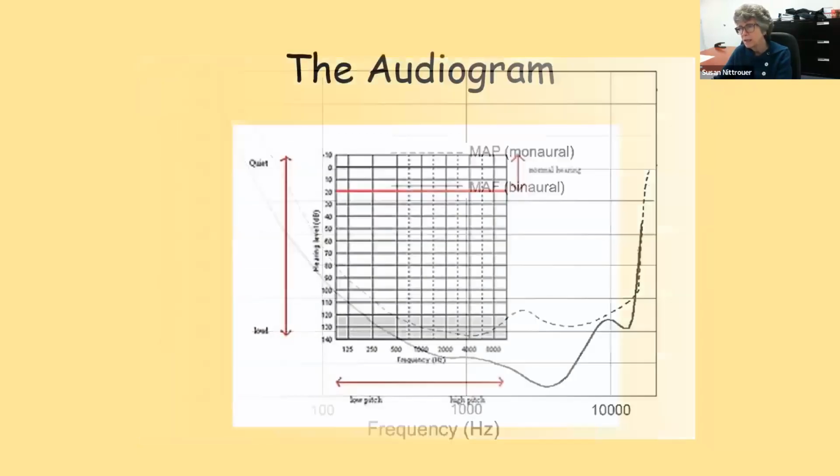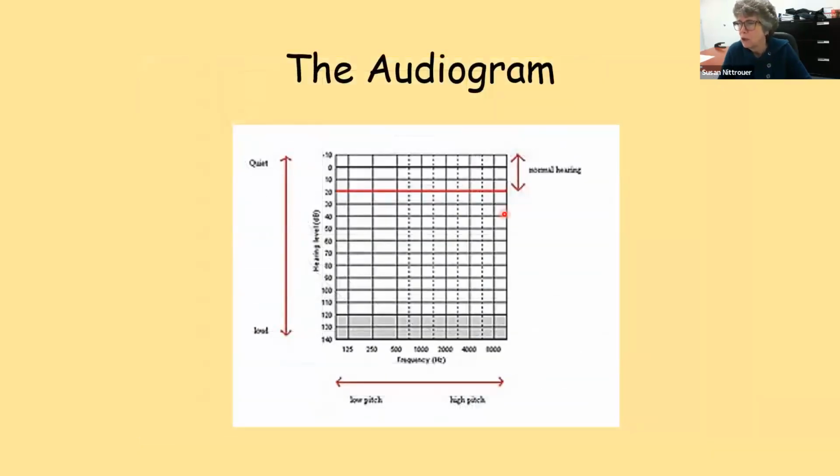So some nice scientists about 100 years ago gave us the audiogram, in which now we've flipped the values. Now we have 0 at the top, so hearing loss becomes poorer as we go down the graph. And now 0 dB, this is hearing level, not sound pressure level, hearing level.